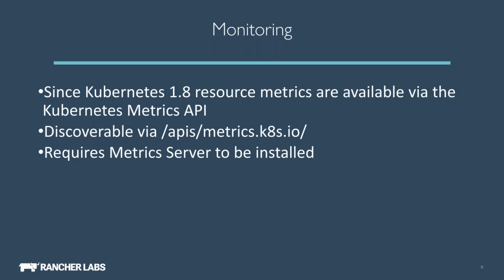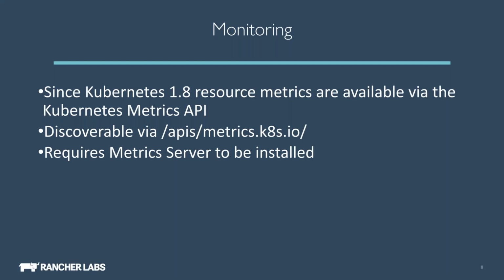So from a Kubernetes standpoint, we're going to be talking about things that plug into the monitoring, the metrics API. So since 1.8, the idea of resource metrics has been around via the metrics API. It has its own API endpoint, just like everything else in Kubernetes, but it does require a metrics server to be installed.